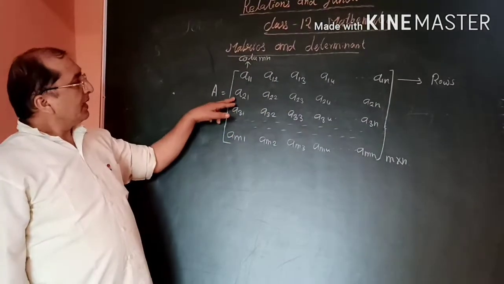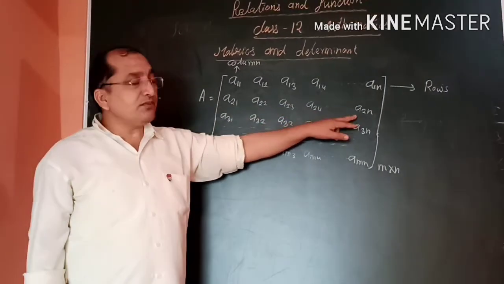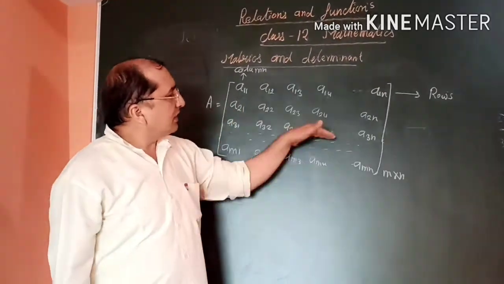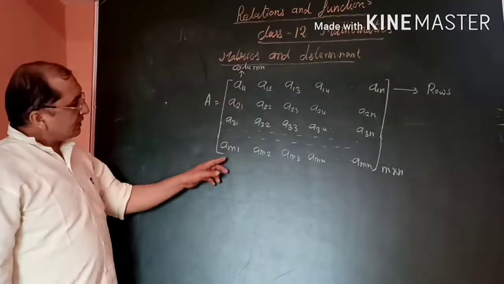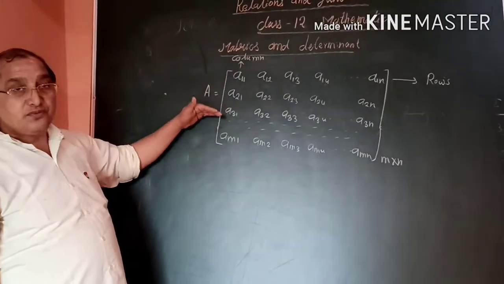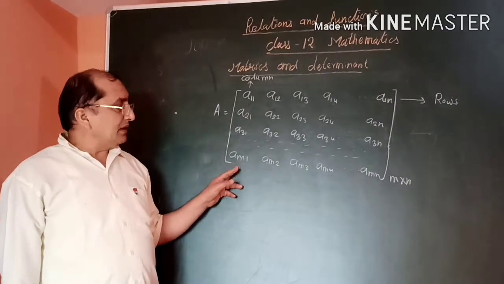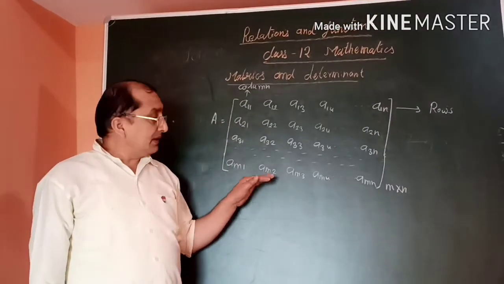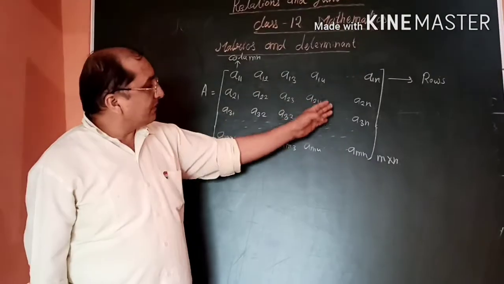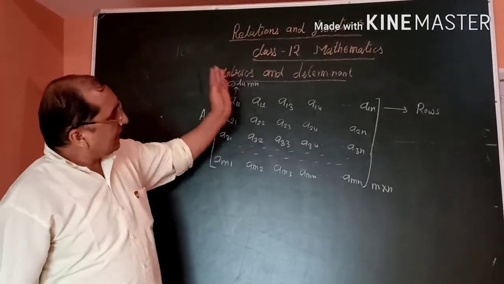Coming to the second row: first element, second element, third element, and in the same way, second row, nth element. This is the first row, this is the second row, third row, fourth row, and so on. Lastly, Am1 means mth row, first element, mth row, second element, mth row, third element, in the same manner, because we have m rows and n columns.